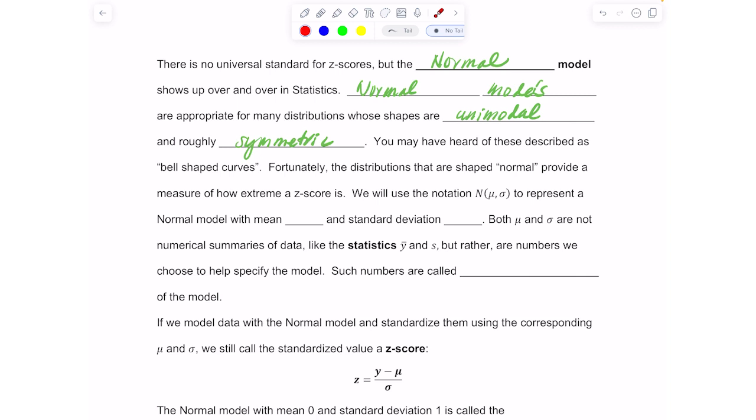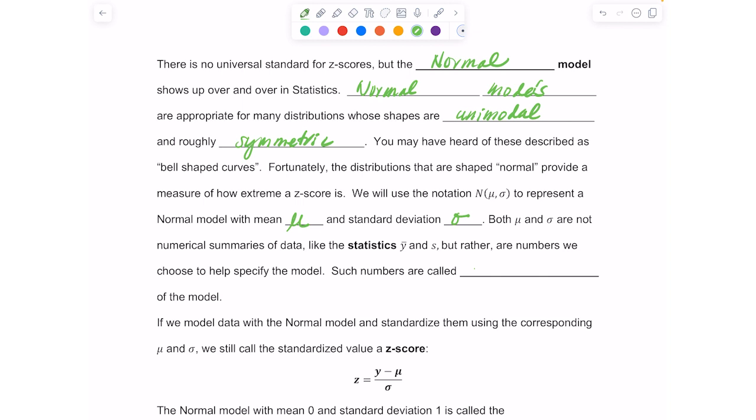Here's some specific notation that you should be familiar with in this book. When you see a capital N, it stands for normal model. And then remember our two Greek symbols. This is the mean, mu, and then sigma is our standard deviation. And remember, those are your population mean and population standard deviation, which we refer to as parameters.